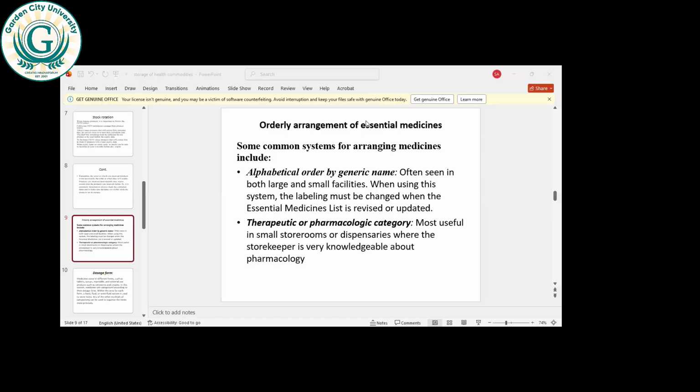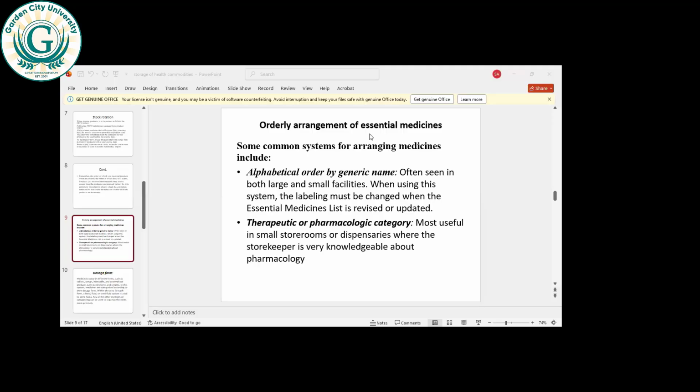Maybe you may have Xenol, but Xenol is the brand. Letab may be the brand. The MNG may be the brand. So you talk of paracetamol, and that becomes the generic name. So you can arrange them according to that.